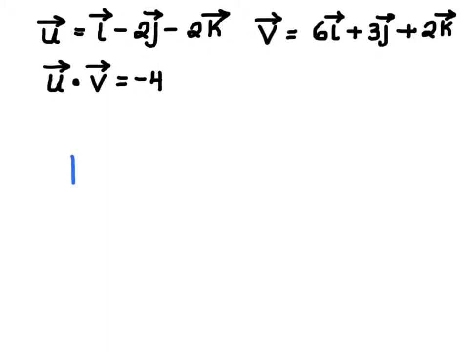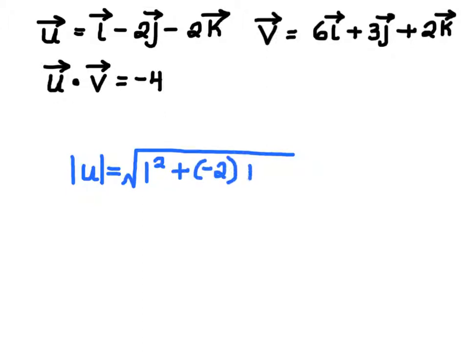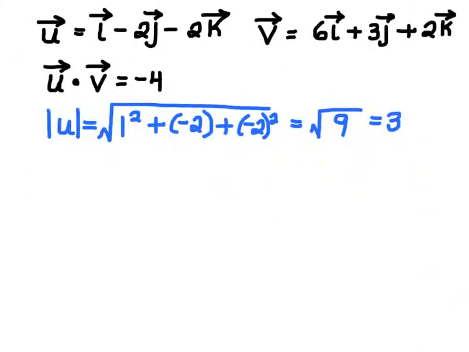The magnitude of u is equal to the square root of the sum of 1 squared plus a -2 squared plus a -2 squared, which is the square root of 1 plus 4 plus 4, which is 9, so it's 3. So the magnitude of u is 3.